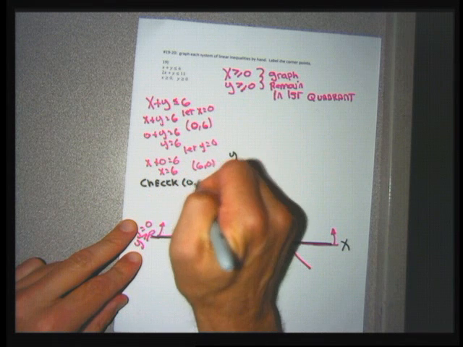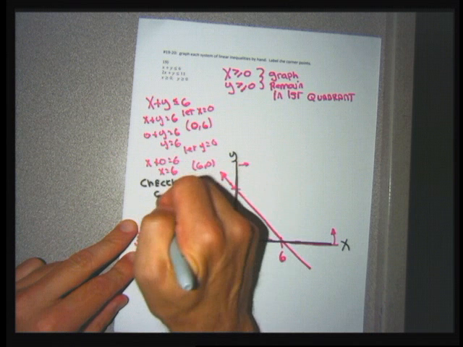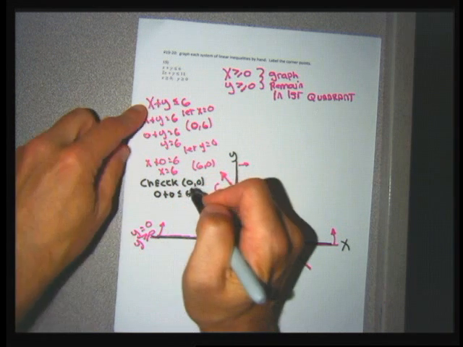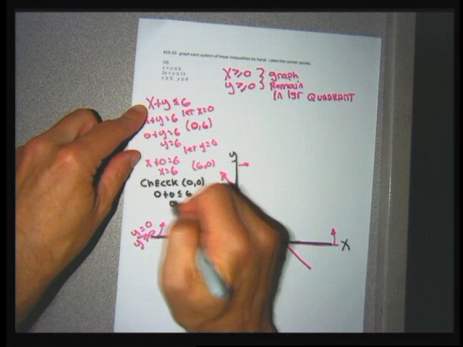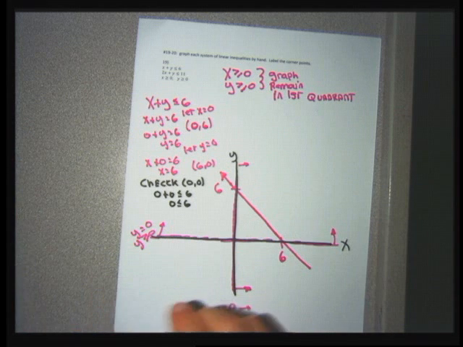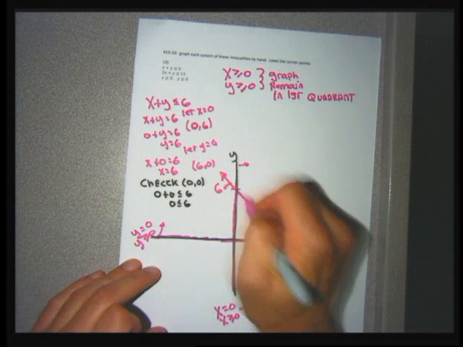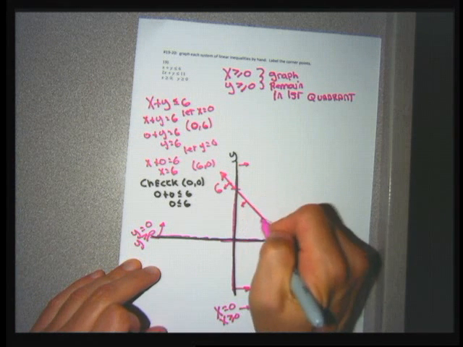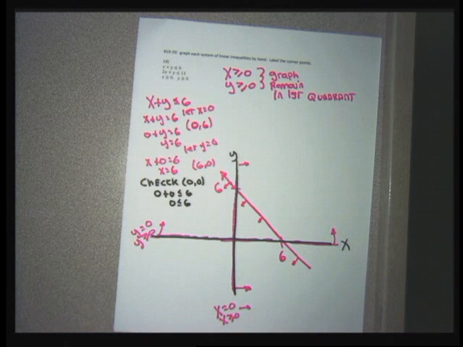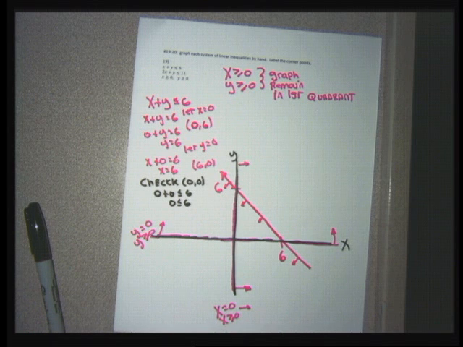If I get a false statement, I'm going to shade away from the 0, 0 and shade up. So I went to the equation x plus y is less than or equal to 6. I got a true statement. That means my shading needs to go down. And I really only need to stay in the first quadrant. So I'm going to just make a little note to myself how the shading is going to look before I actually darken it in, because I can't erase so well with this.